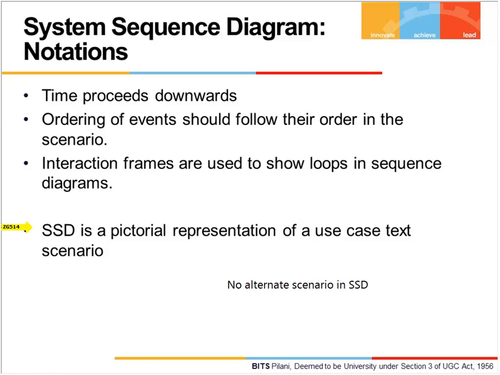So there might be a scenario that the instance of system ends because of an external stimulus. So if that happens, or after a particular event coming from the external actor, then we will put a cross below the lifeline of the system that the system has closed down.